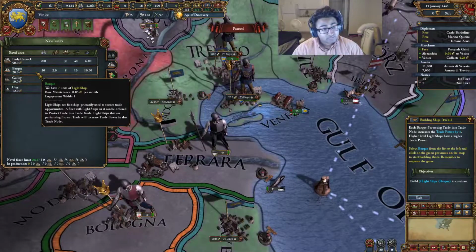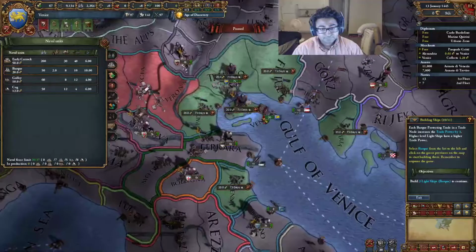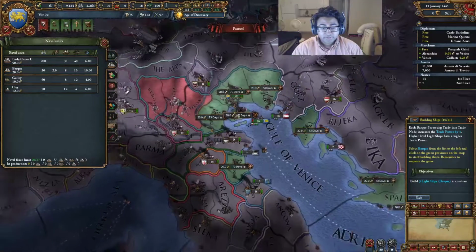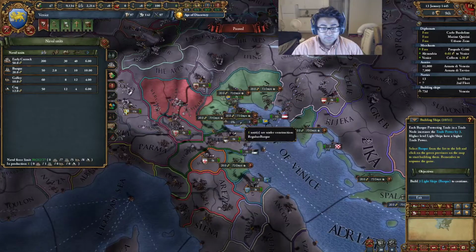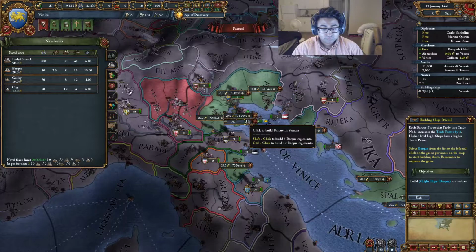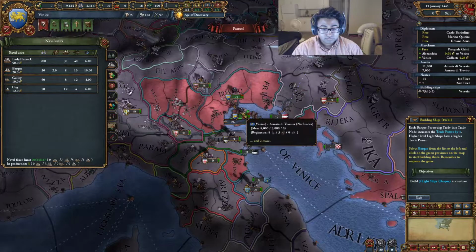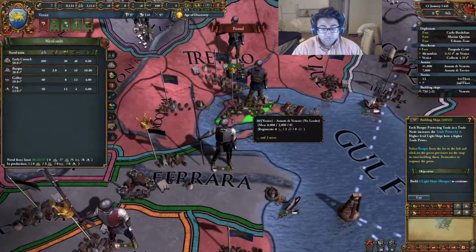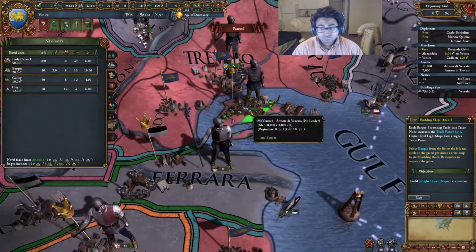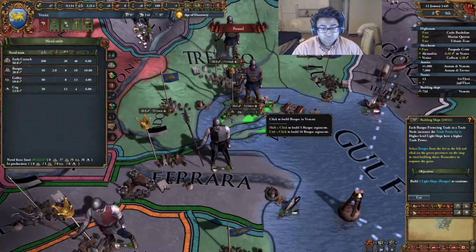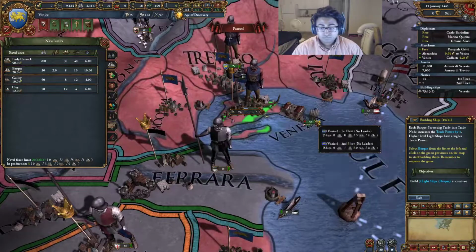Remember to unpause the game. Build 3 light ships. Okay, cool.